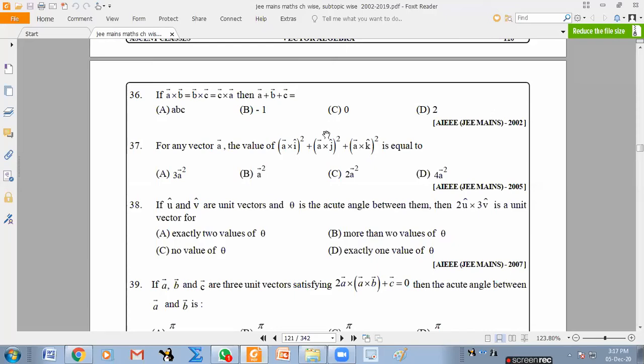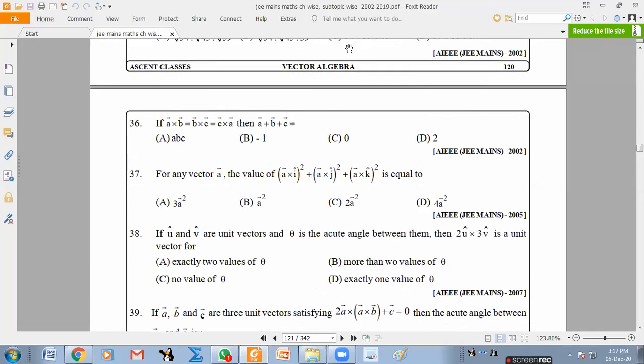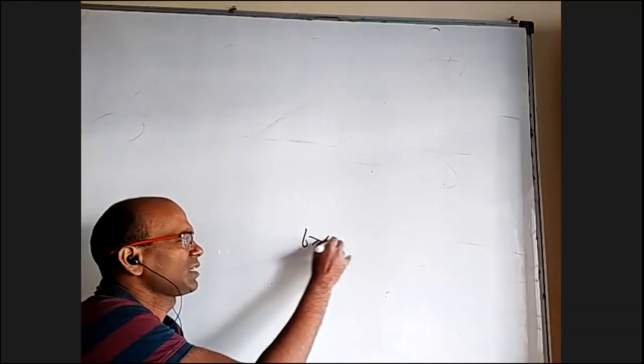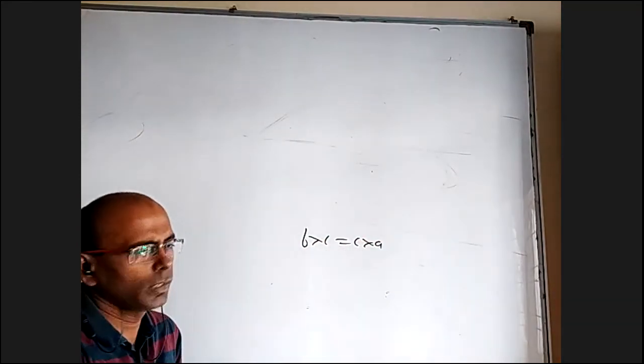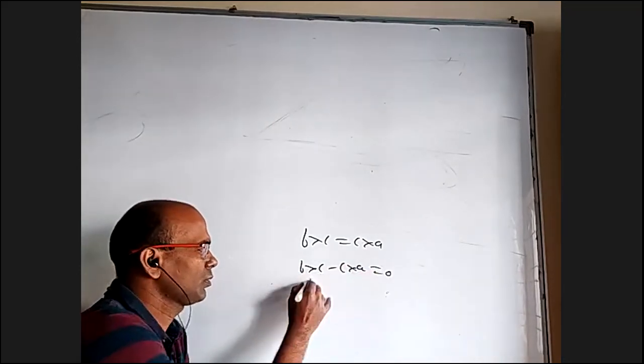I think if you have doubt, you should ask anyway. Sir, 36: we can consider any two of them and bring one side. So if you bring, let us say, b cross c equal to c cross a, to one side, you will get b cross c minus c cross a equal to 0.